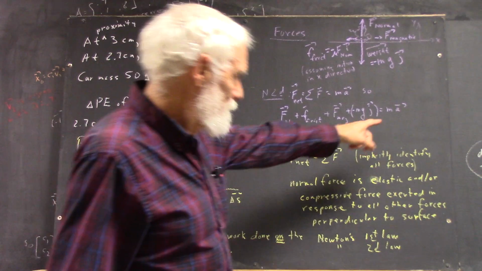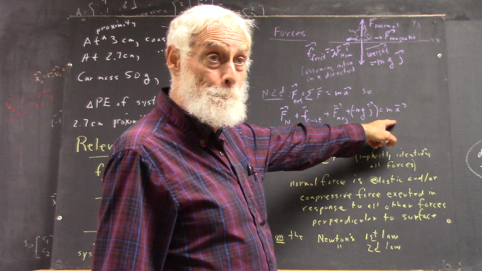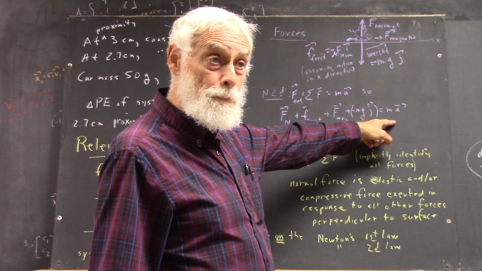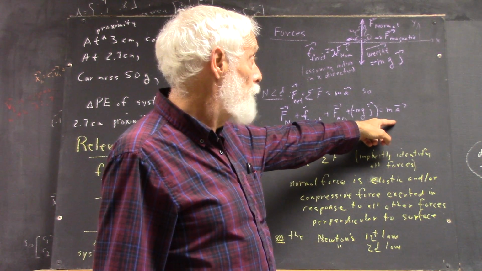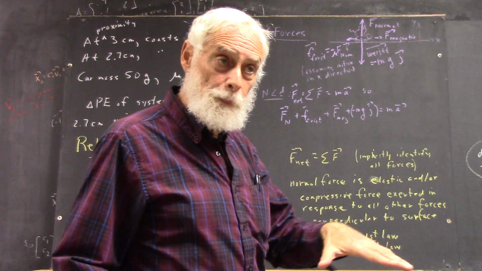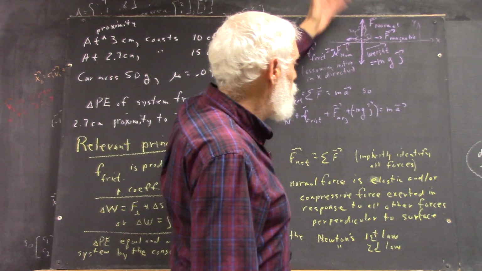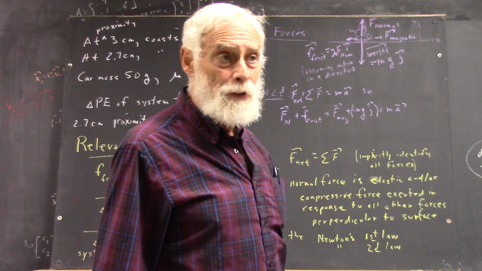Something much more important. Acceleration's a vector. What can you tell me about this vector? It's going in the I direction. Yeah, there's no component in the j direction. Okay, we know that from our experience of this thing. We also know that from the fact that there are only two forces in the j direction, right?